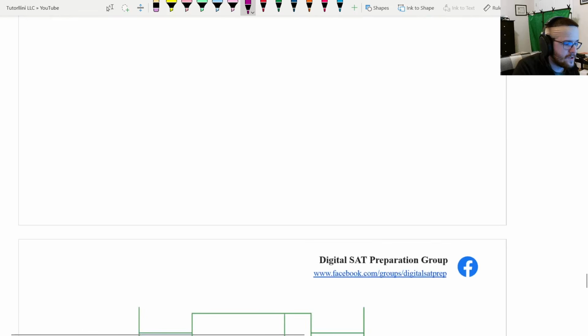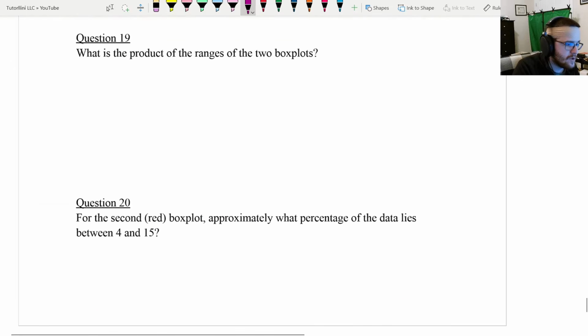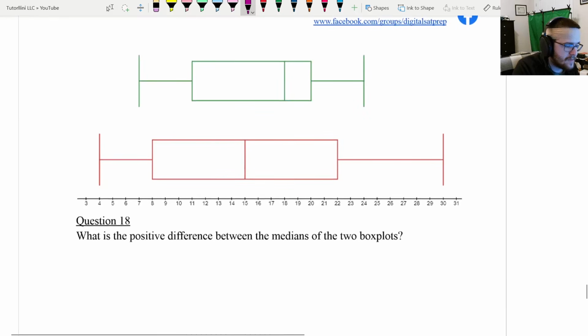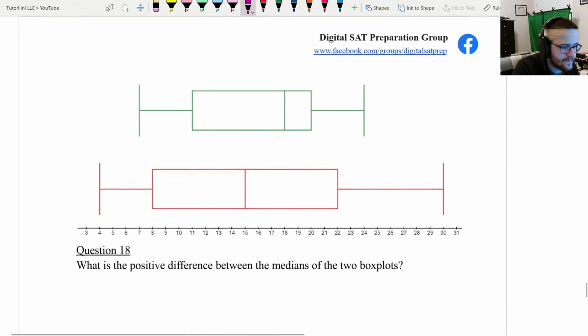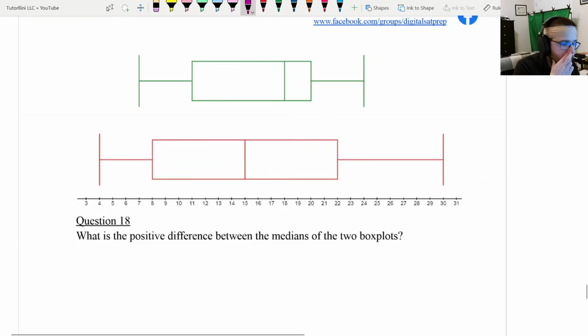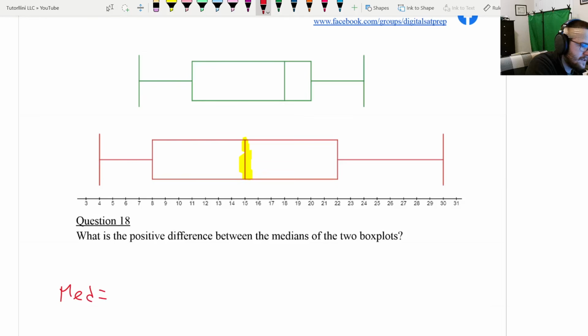All right, I think there's some more. Great. Box plots. Okay, let's look at this. What is the positive difference between the medians? Okay, so for the medians, we look at the line inside. So the median for the red one is 15. The median for the green one, it's kind of hard to tell, guys. I'm pretty sure it's 18.